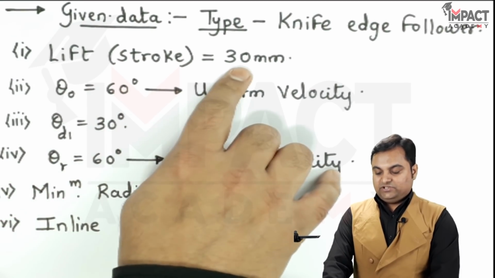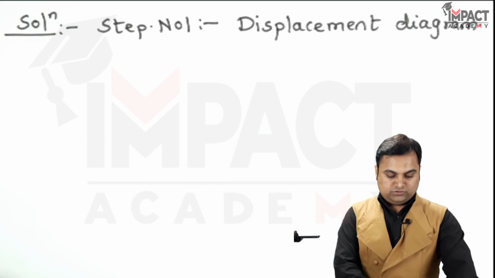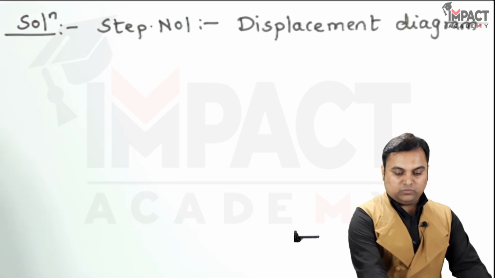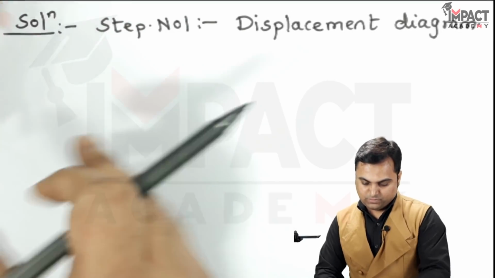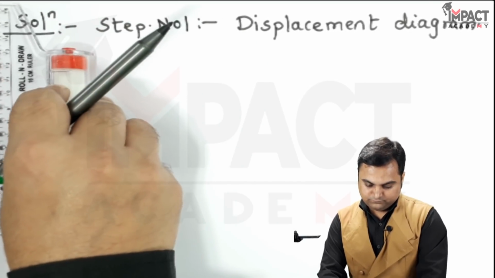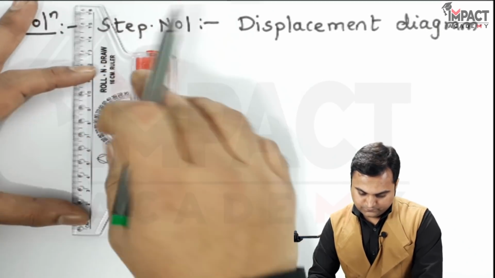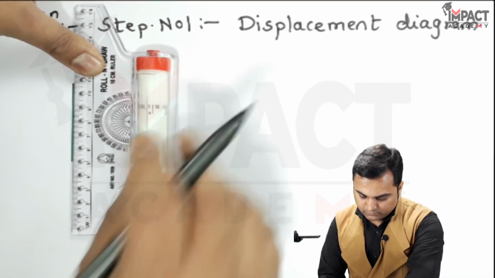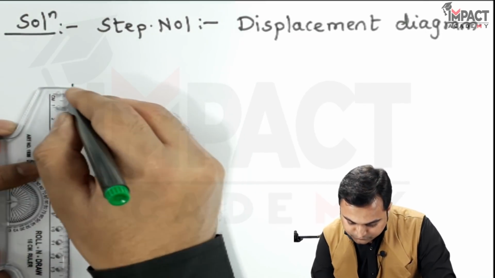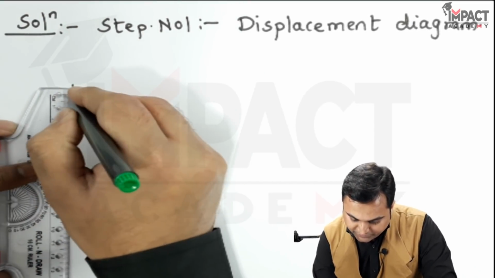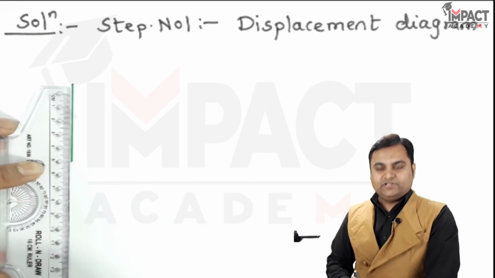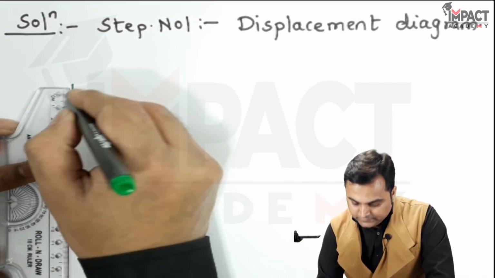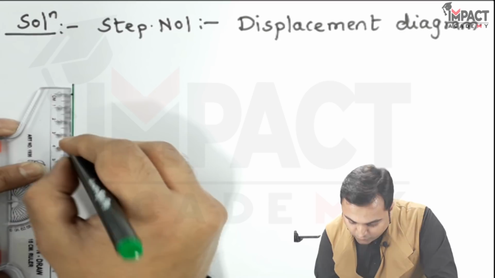The lift is 30 mm. So for that, drawing a light vertical line. After drawing this light vertical line, whatever I am drawing with green indicates the light lines, marking 30 mm over it.